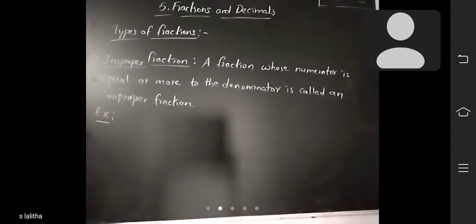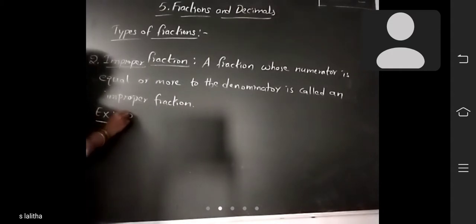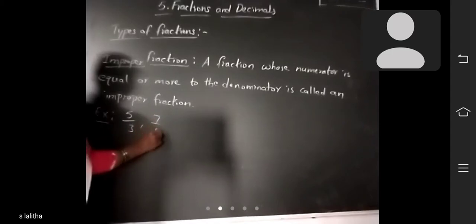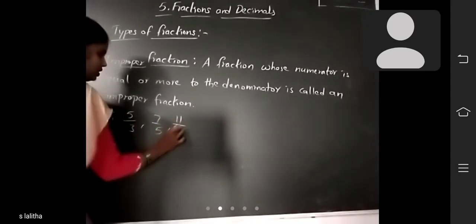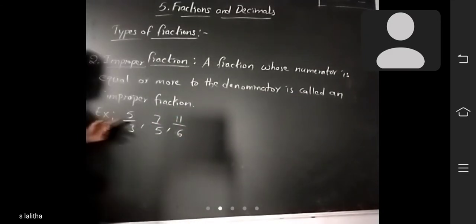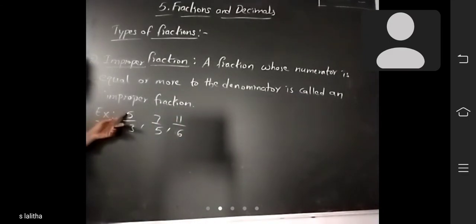Tell me examples. 5 by 3, 7 by 5, 11 by 6. Okay. Here, observe, the numerator is greater than the denominator.